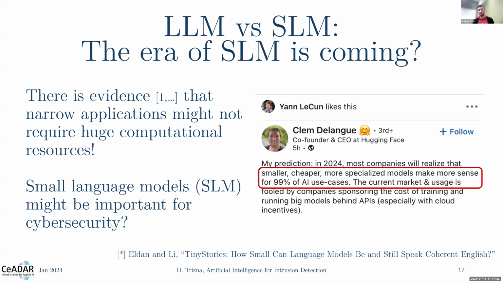One more piece of evidence toward the feasibility of SSL solutions for cybersecurity is that we don't need really large models that are too general. There is evidence, and a lot of influential, authoritative people in the domain see huge potential for small language models, where cheaper specialized models make more sense for narrow applications like cybersecurity, because it's not a general case where we need to ask everything.